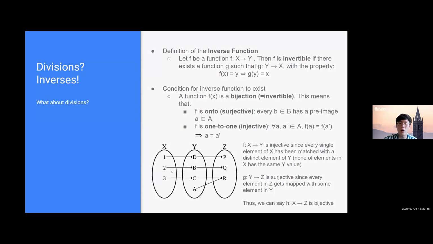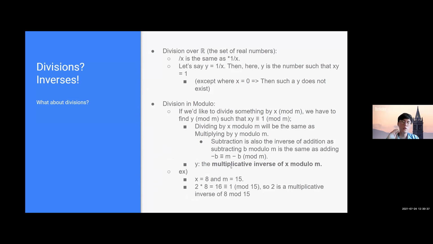We cannot say f from x to y is surjective because the element a in set y is not matched with any x value. If there is a function h from x to z, you can say it's bijective because 1 gets matched with p, 2 with q, 3 with r. So it's bijective.